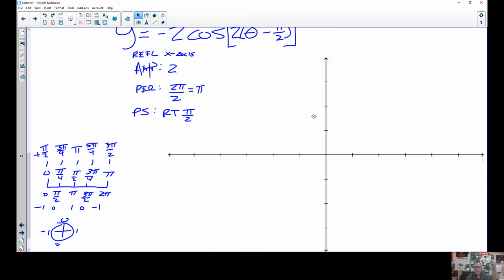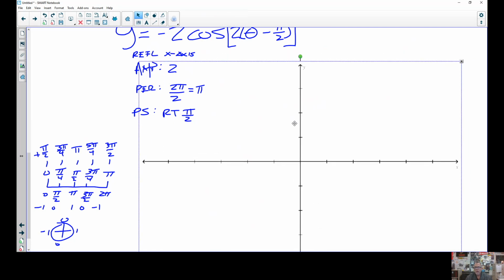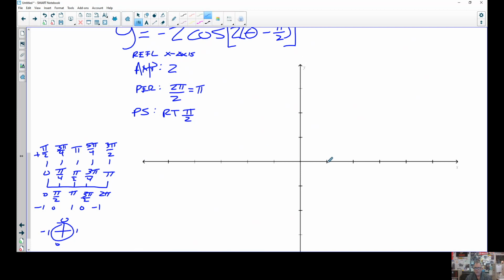So with this, I'm going to be starting my graph at pi over 2. The next value I have is 3 pi over 4. The next value is pi, then 5 pi over 4, then 3 pi over 2. What are my values? Again, it would have been negative 1, 0, 1, 0, but I've got to multiply it by 2.